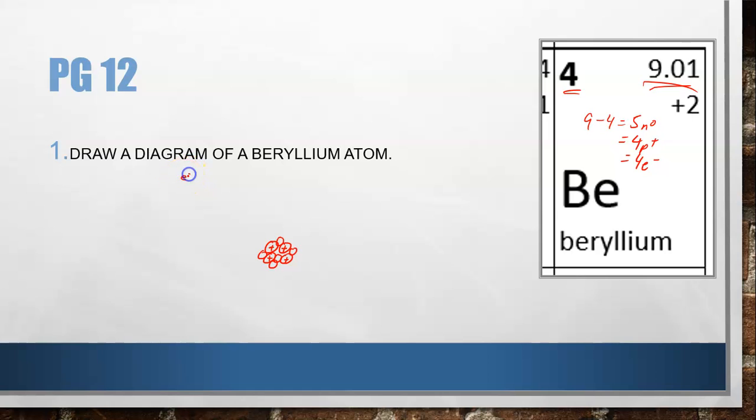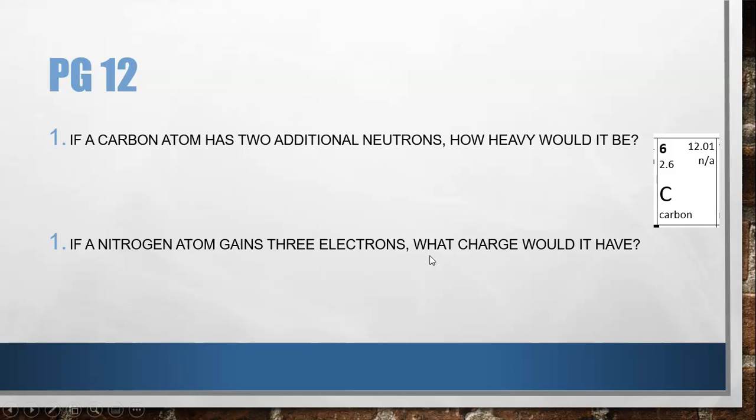And then we're going to put the electrons way out here. And I know this is not to size, but that's okay. It's just a diagram. And we've got these spinning around the outside here. Okay.